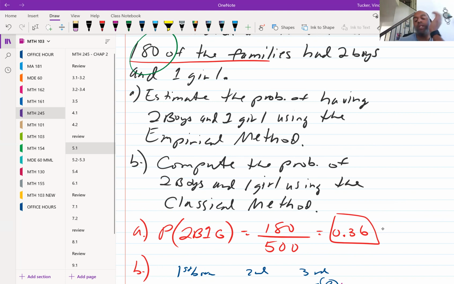Once again, MATLAB will let you know if they want decimal or fraction or whatever the case may be. I know this problem, putting it out of the book, they left it at 0.36. Any questions on A?